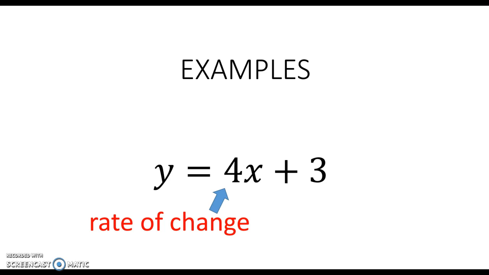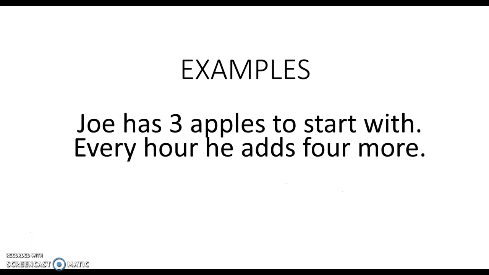Our starting point, or when x is 0, would be 3 in this situation. That's our y-intercept. If we made x 0, multiplied 0 times 4, we would get 0. So it's like it would cancel out, or it wouldn't be there anymore. And then we would just be left with the 3. So y would equal 3 when x is 0. That's why it's our starting point. That's our y-intercept.